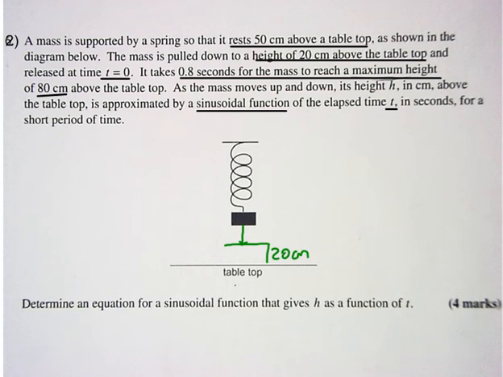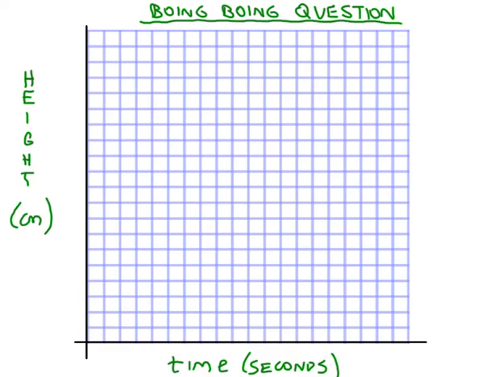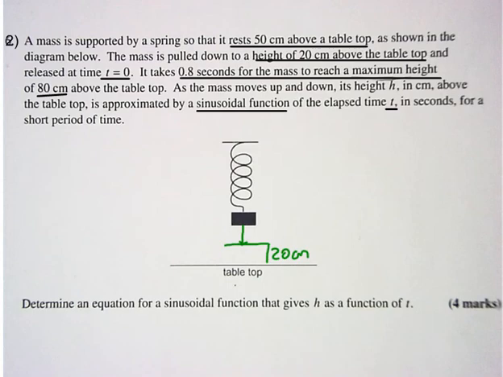So the minimum height that this block will attain is 20 centimeters. Let's go up by increments of 5. 5, 10, 15, 20. So 20 centimeters is the minimum. Okay, so we're going up by increments of 5. And if we read on, it says it takes 8/10 of a second for the mass to reach its maximum height.